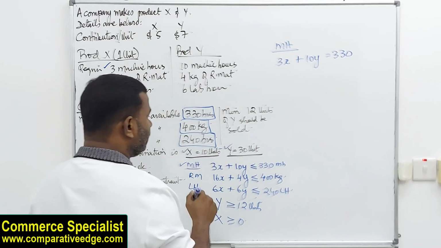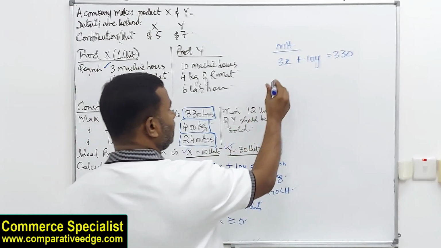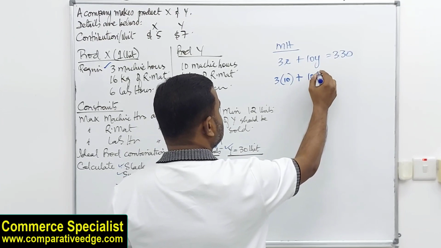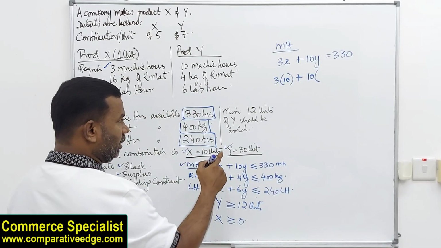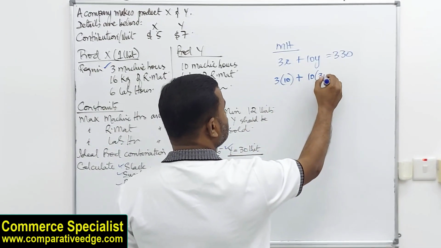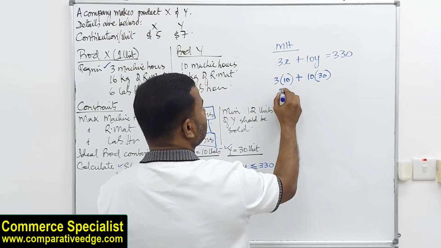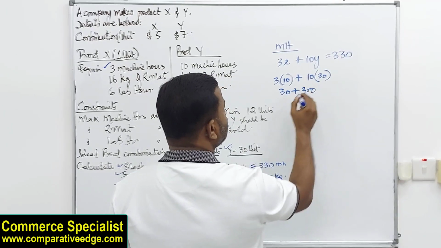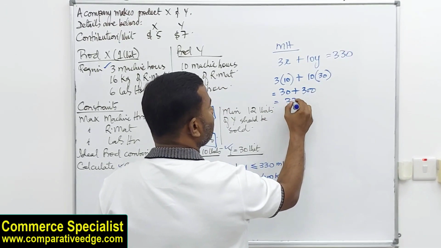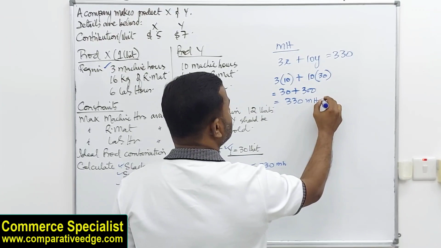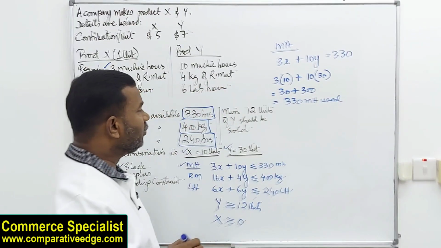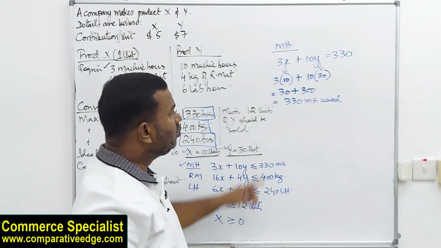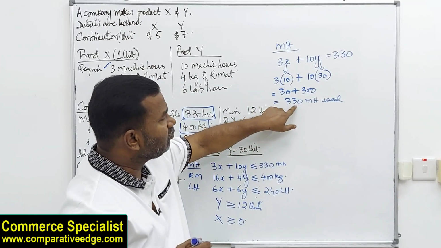So if I'm making 10 units, 3 into 10 is 30, plus 10 into 30 is 300. So you have 330 machine hours used.